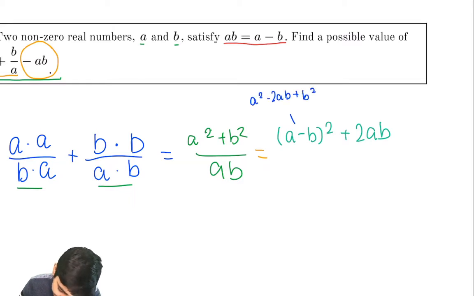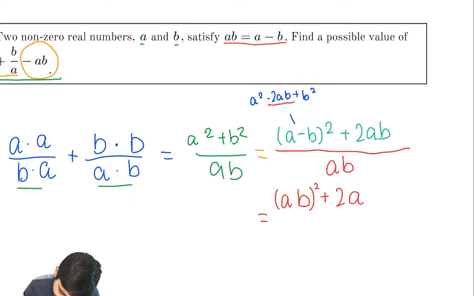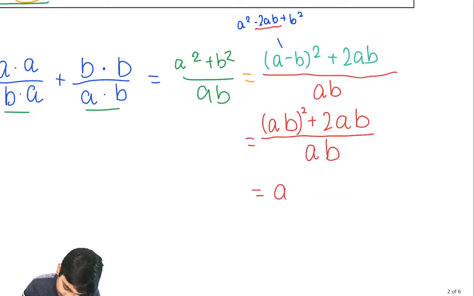So when we add 2ab to it, the negative 2ab term goes away. And then we divide that by ab. And this simplifies, since a minus b is just ab, to ab squared plus 2ab divided by ab, which is equal to ab plus 2.